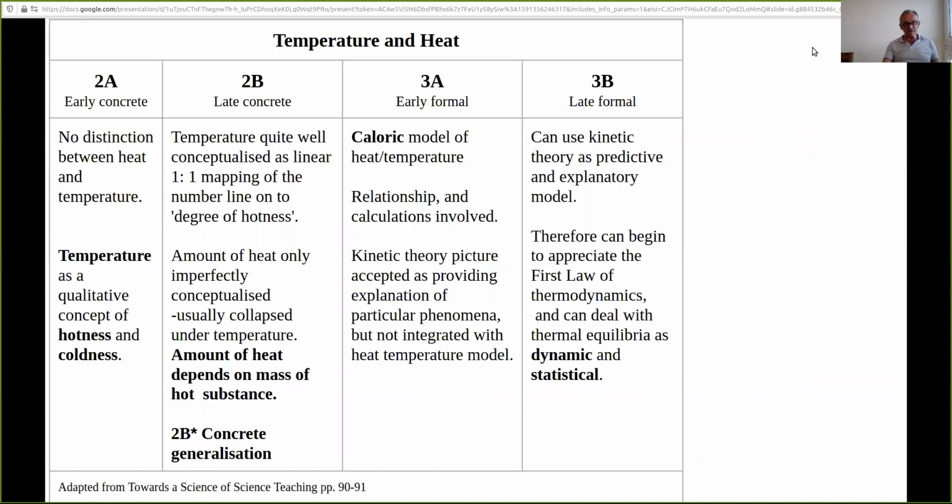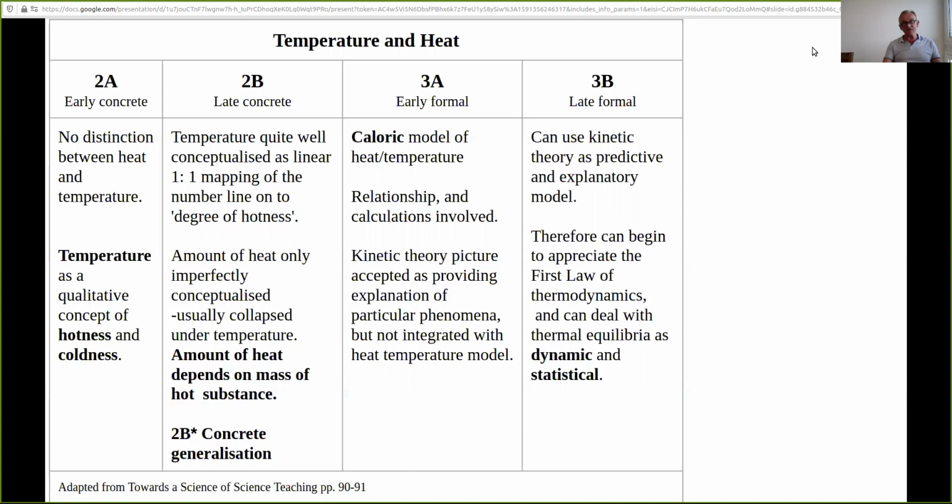And it gives real indication of how to push them up this conceptual level through the idea of a very simple conflated temperature and heat to the idea of just a one-to-one simple temperature model.